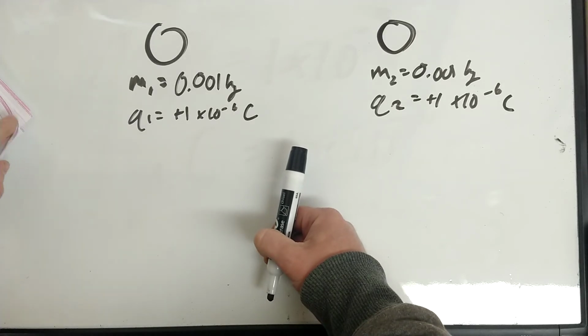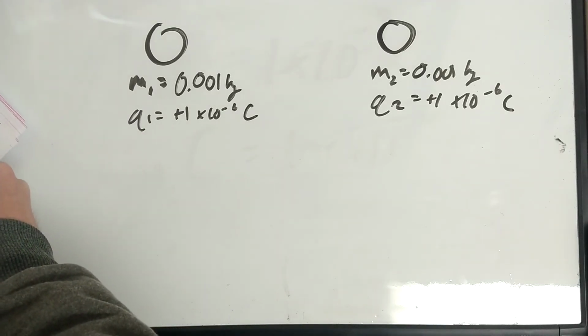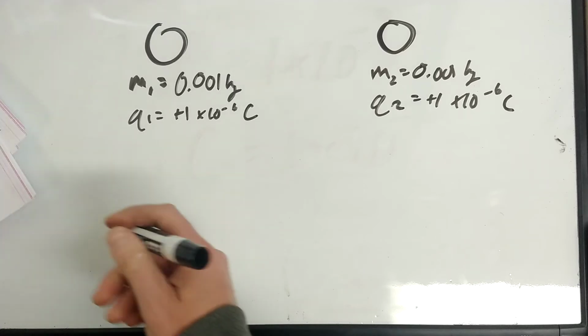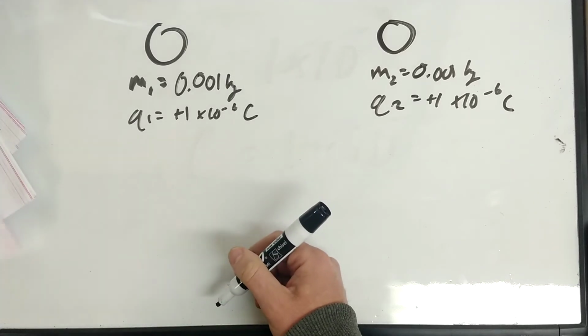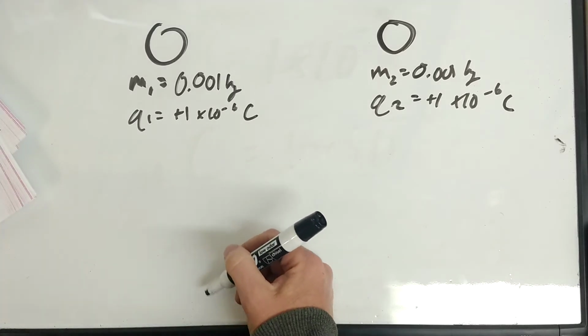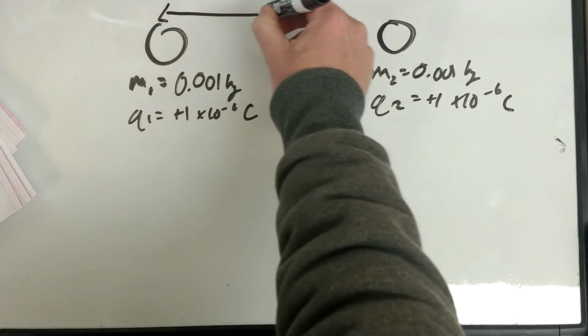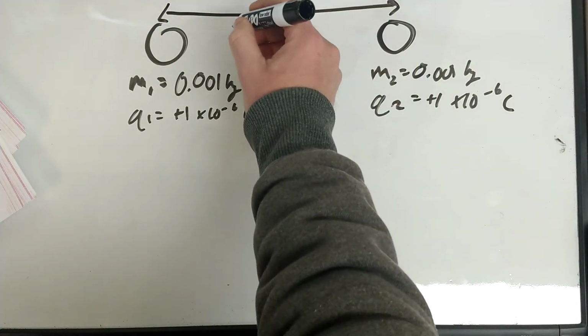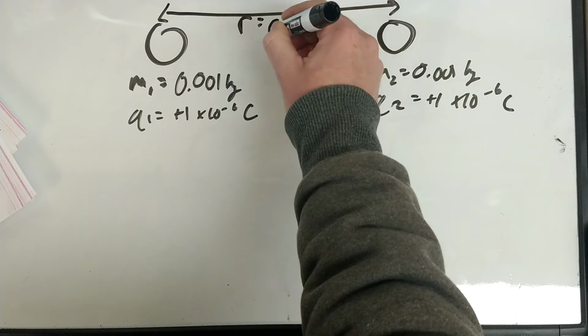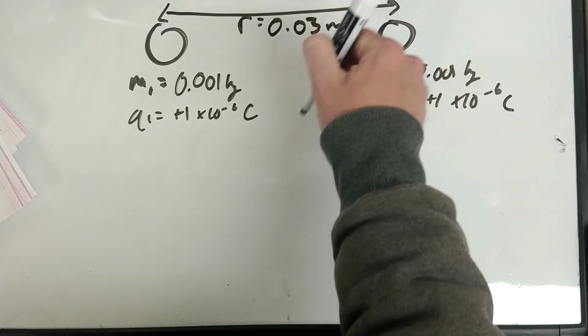And then over on part B, we're going to determine the force of gravitational attraction and then try to draw them to scale. The distance separating these two centers is 3 centimeters, R, which is 0.03 meters.